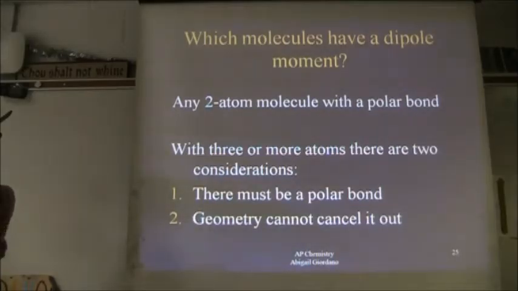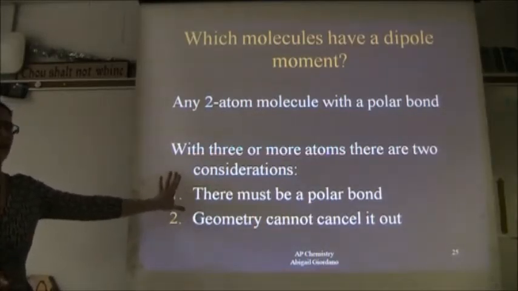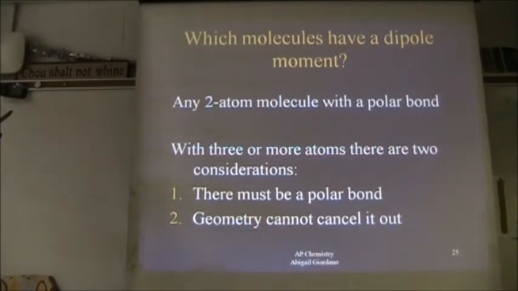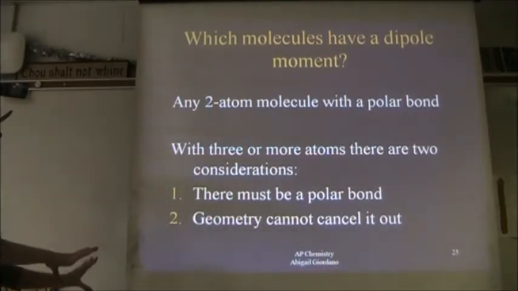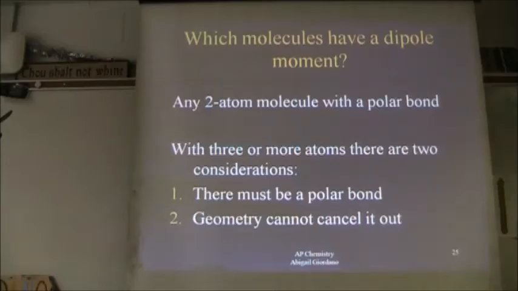Okay, and the very last thing we were talking about, just before this slide, was the concept of polarity. To be more specific, what makes an individual bond polar or nonpolar? What we're going to transition to is not just whether a bond is polar, but whether an entire molecule is polar or nonpolar.